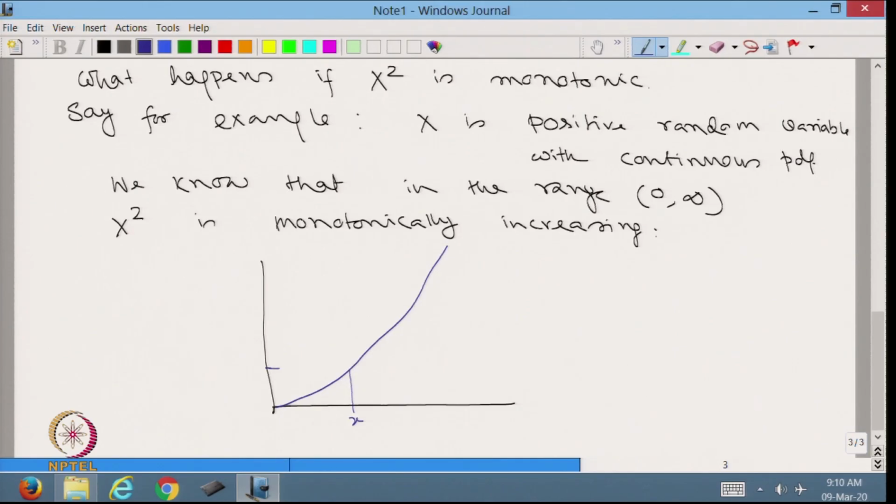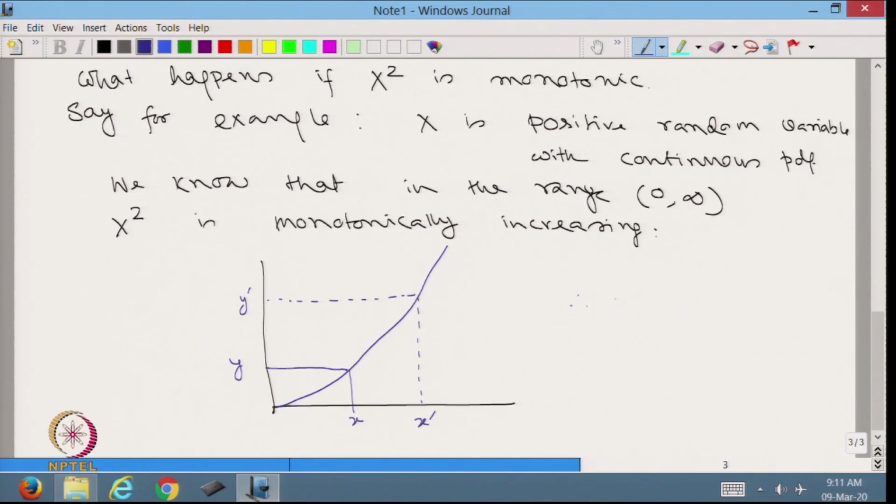Therefore, given any x, we can find y uniquely, and conversely if given any y prime say, we can get the corresponding x prime uniquely.